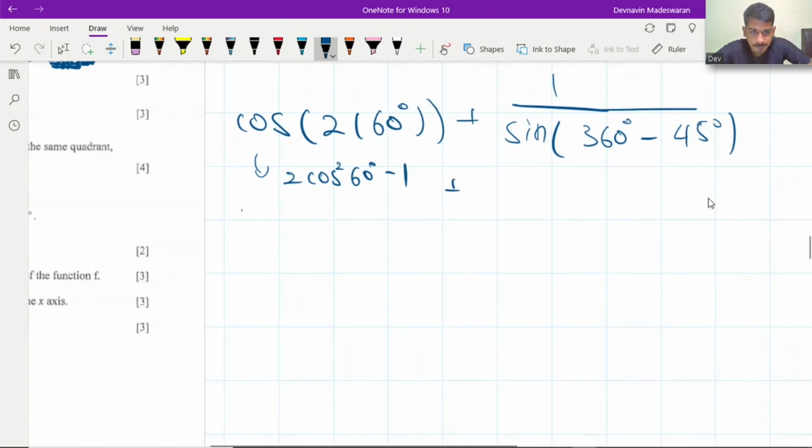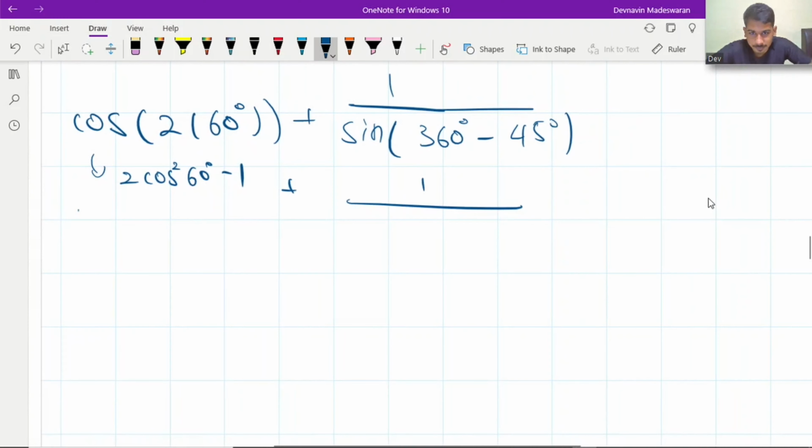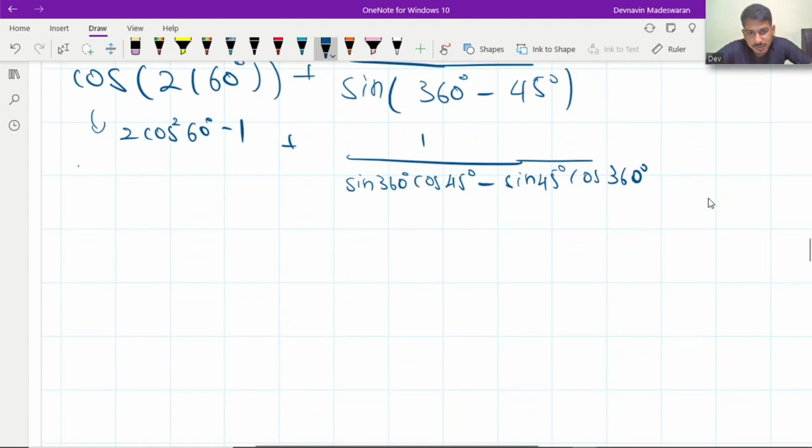Okay, for this one, 1 over sine of 315, I know this one, is going to be sine 360 cos 45 minus sine 45 cos 360. So I know sine 360 is 0, so this is gone. And then cos 360 is 1, so that won't do anything.